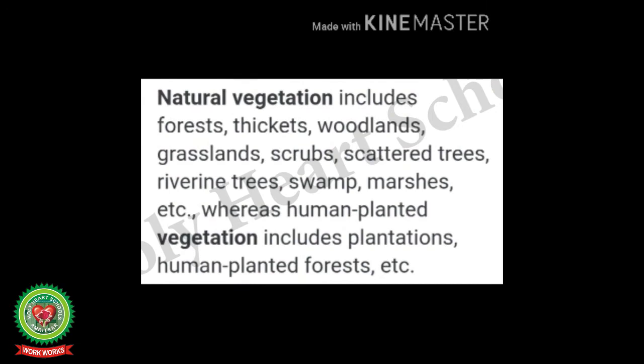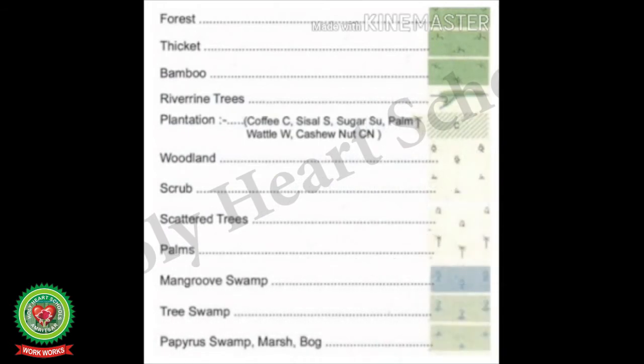After broken ground, next point is natural vegetation. What is natural vegetation in a topographical sheet? It includes forest, thickets, woodlands, grasslands, shrubs, scattered trees, riverine trees, swamp, marshes, etc. Whereas human planted vegetation includes plantations, human planted forest, etc. Normally on a topo map, the exterior boundaries of areas of reserved or protected forest are shown by green ribbons.